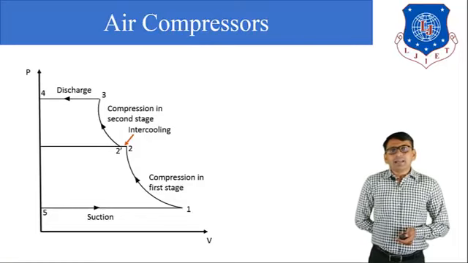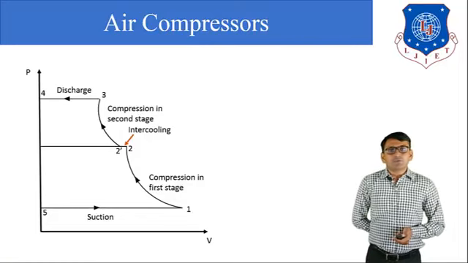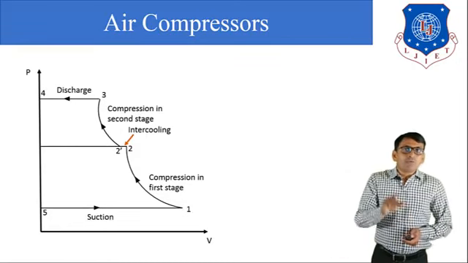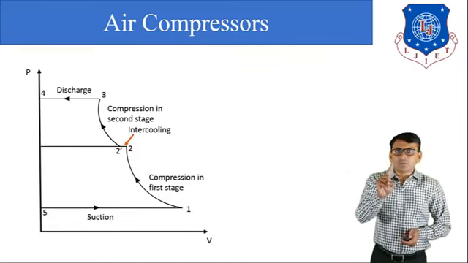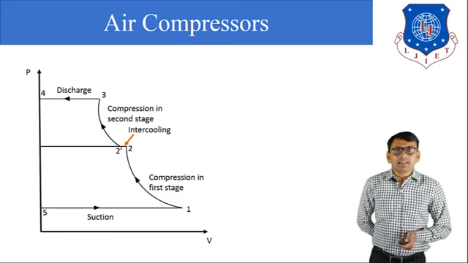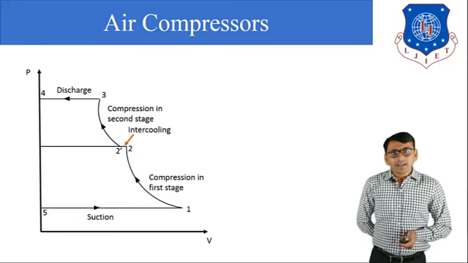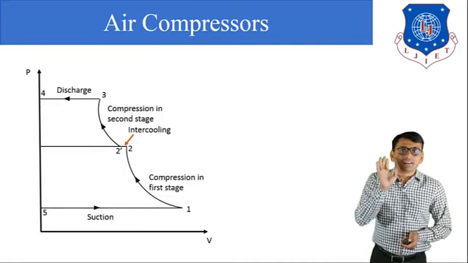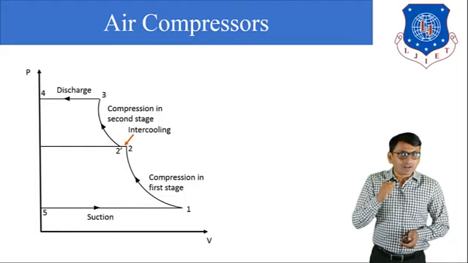Now this is the PV diagram. In process 5 to 1, air enters the first cylinder, that is the low pressure cylinder. Then process 1 to 2 is compression in the first cylinder, then 2 to 2 dash is intercooling of air in the intercooler.